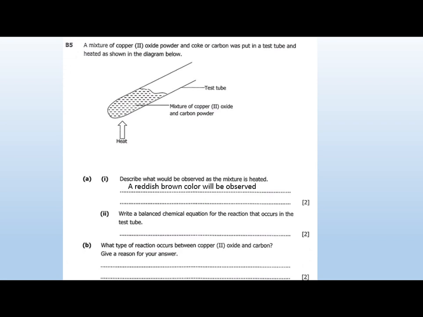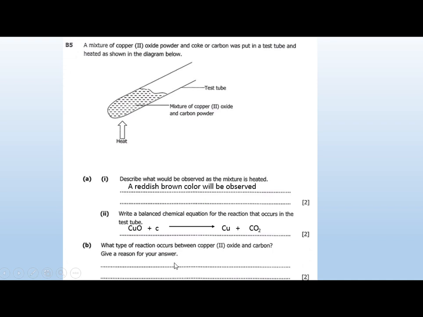When copper(II) oxide reacts with carbon, what is produced is just copper and carbon dioxide. So like what I've tried to illustrate here: copper(II) oxide plus carbon gives us copper plus carbon dioxide.